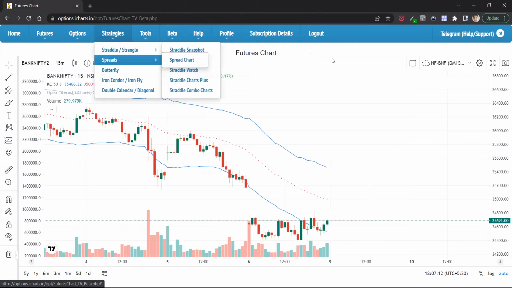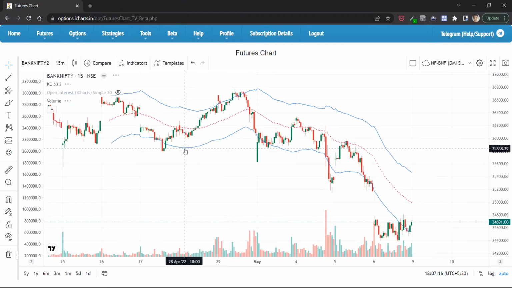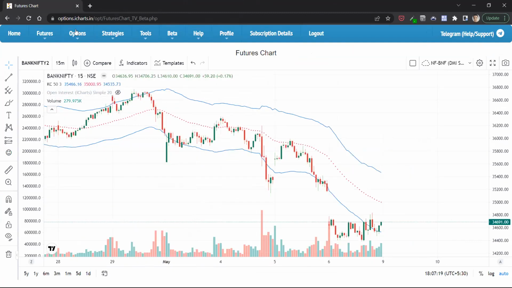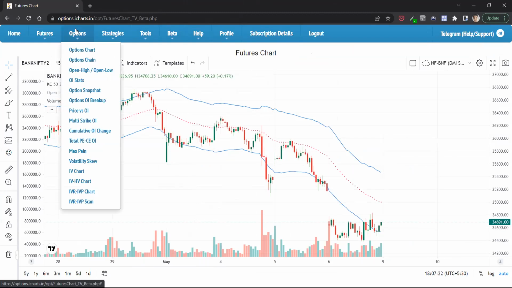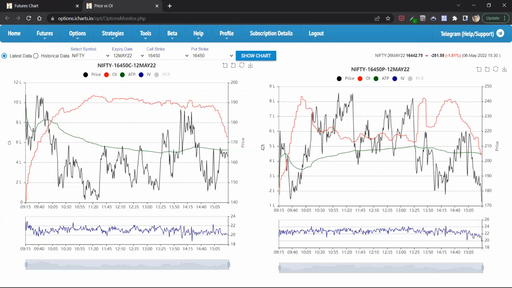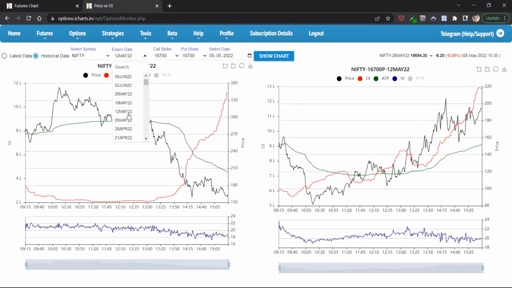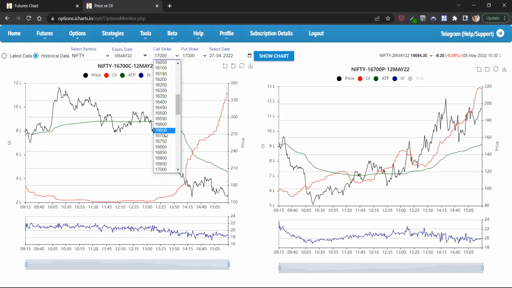You mentioned the options monitor. For example, you were explaining the 16,700 options monitor on the 5th, which is the expiry day. If we look at the chart for that 16,700 call and put, if the price goes below the VWAP and the OI is building up, can we take it as a confirmation to short the call?